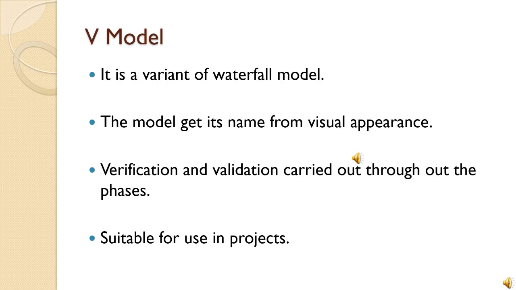So the projects which require high safety and where there must not be any error, this type of projects needs V model. Why do this type of projects need V model? Actually, as we told in the third point, verifications and validations are carried out throughout the phases. So that's why we use V model for a project which needs very much safety.